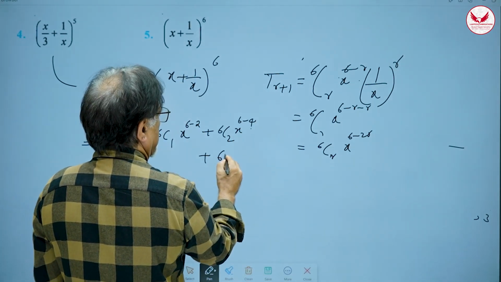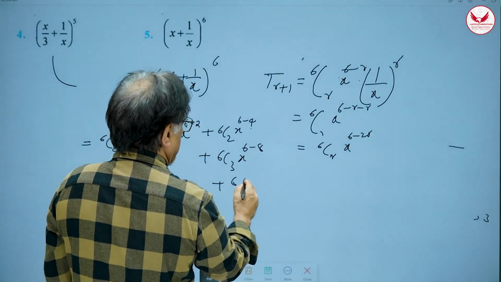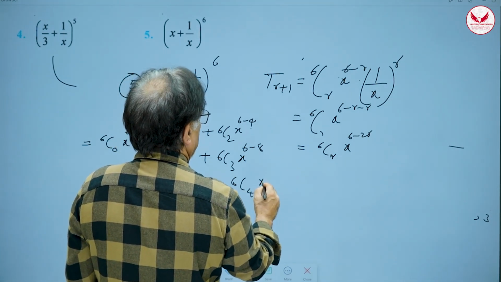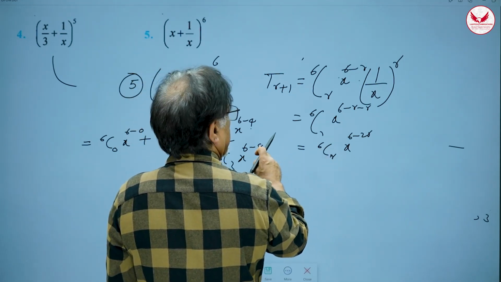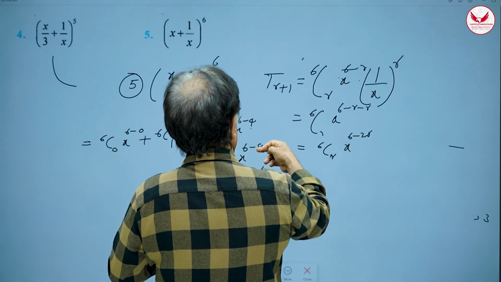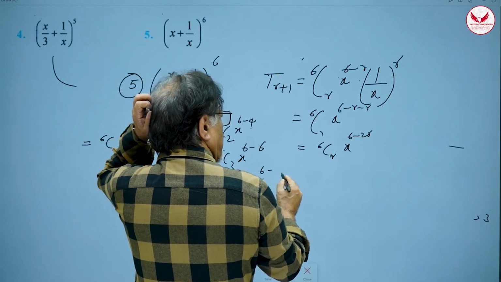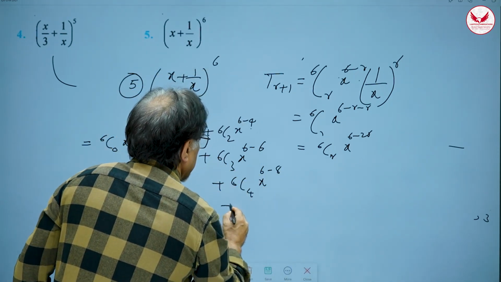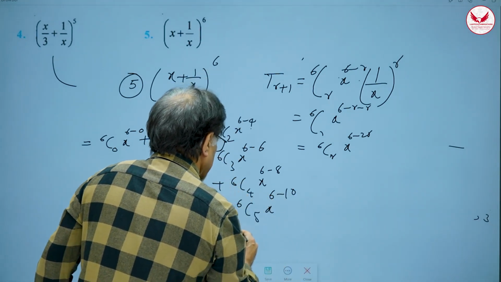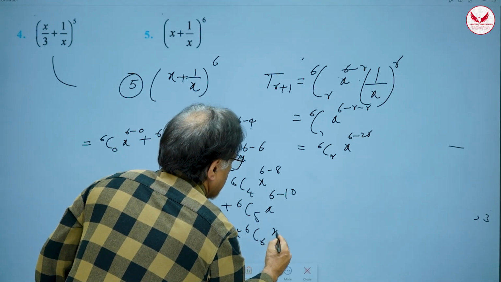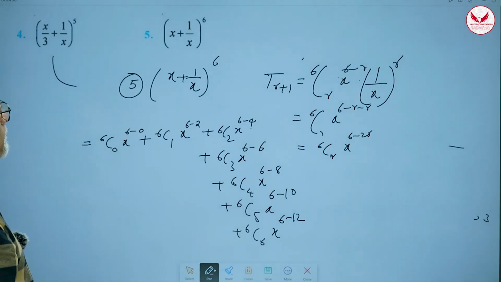Next term is 6C3 x raised to 6 minus 6, and this will be 6C4 x raised to 6 minus 8, and then 6C5 x raised to 6 minus 10, and last 6C6 x raised to 6 minus 12. Okay, this is how the progression will take place.